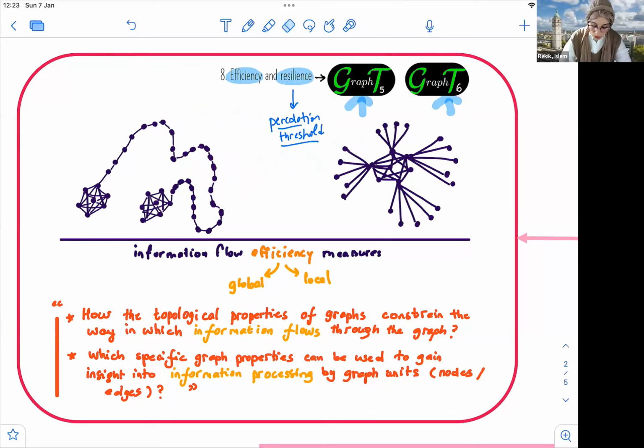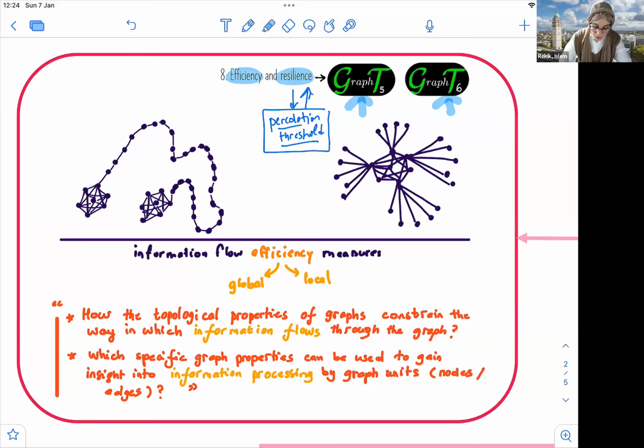So if you start, for example, removing edges here, we want to know what is the proportion, what is the ratio of edges that we need to remove for our graph to become fragmented and completely isolated, composed of isolated islands or fragments, okay? So this threshold is important to study and examine the resilience of graphs.